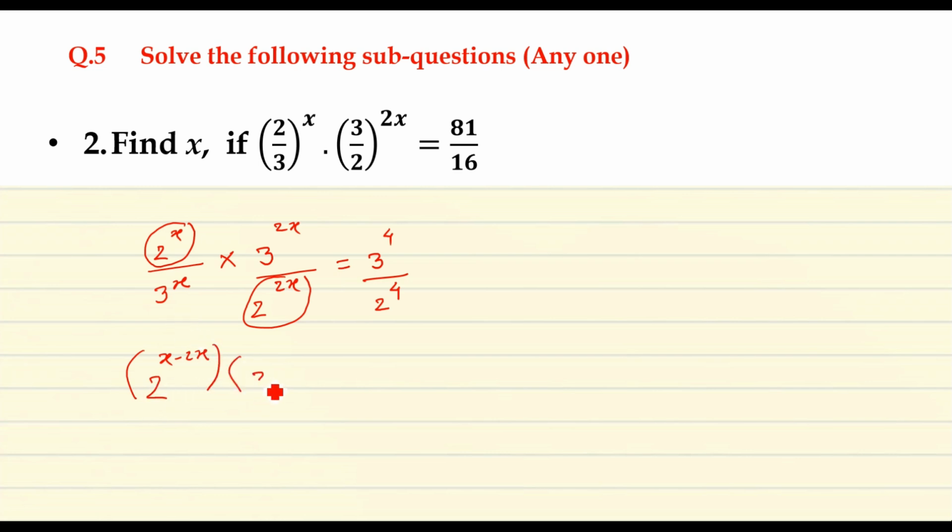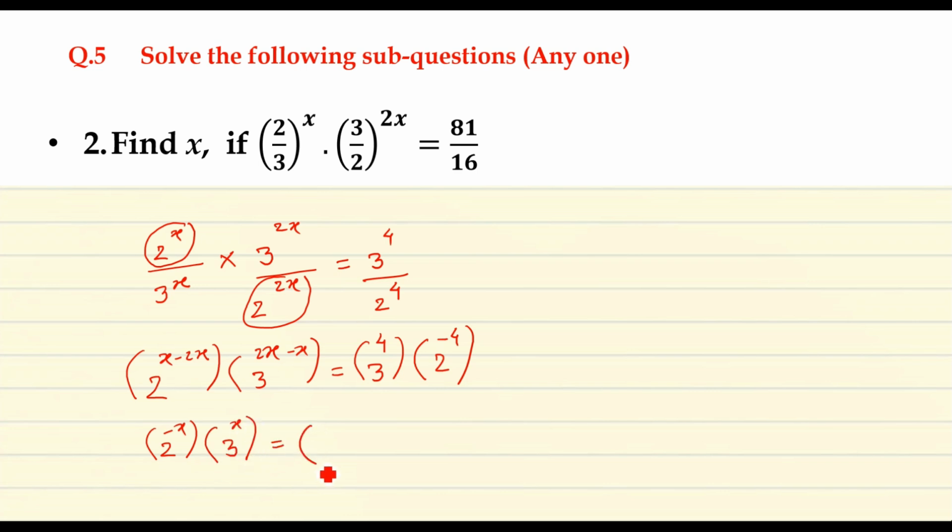Then we have 3 raised to 2x minus x, and this will be 3 raised to 4 in the first bracket, and this is 2 raised to minus 4 in the next bracket. So this is 2 raised to minus x in the first bracket and 3 raised to x in the second bracket. This is 3 raised to 4 and 2 raised to minus 4.